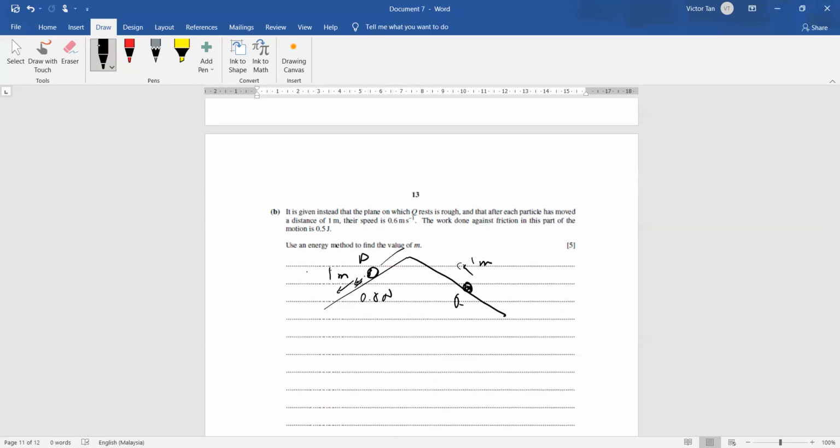So we can disregard the tension because it is in the opposite direction. Now, gain in kinetic energy: half times 0.5, this is for P, times 0.6 squared, plus half m times 0.6 squared. Plus the work against friction 0.5.